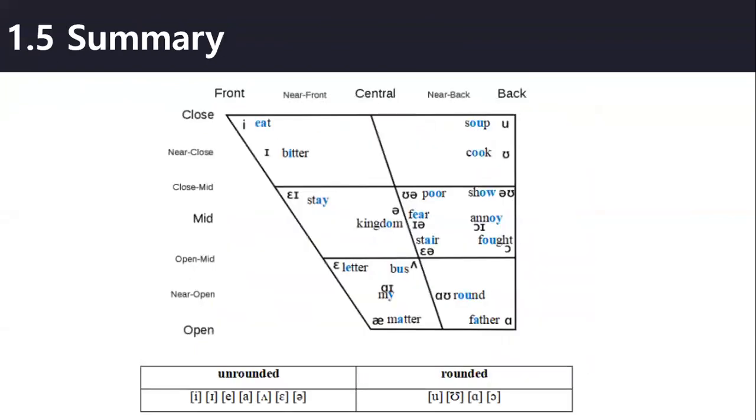As a summary for this lesson, we have this diagram with all vowels and their IPA transcription, and we have the unrounded and the rounded vowels.